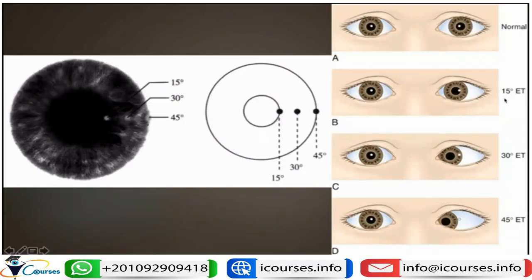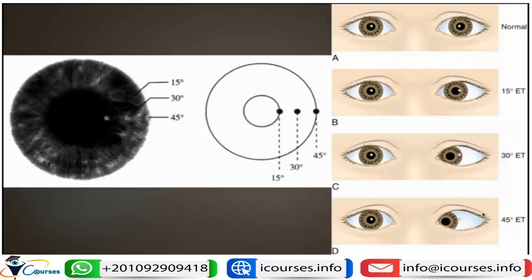So this deviation is equal to either 15 degrees or 30 prism diopters. If the light reflex is present between the edge of the pupil and the limbus, this is 30 degrees of deviation or 60 prism diopters. If the light reflex is present outside the limbus, the angle of deviation is 45 degrees, or about 90 prism diopters.